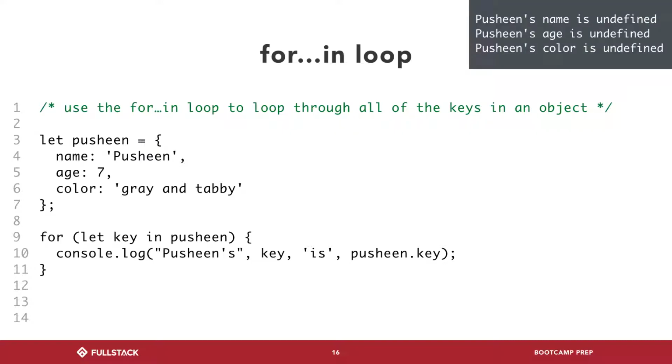Notice if we go back and ask why not use dot notation? Dot key literally means give me a key that's spelled K-E-Y. We'll do it 3 times, and the ironic thing is key will be correct: name, age, color, but the value will be the value corresponding to the key K-E-Y in Pusheen.